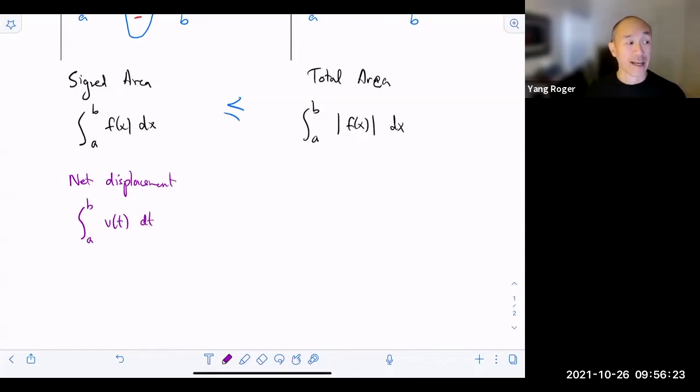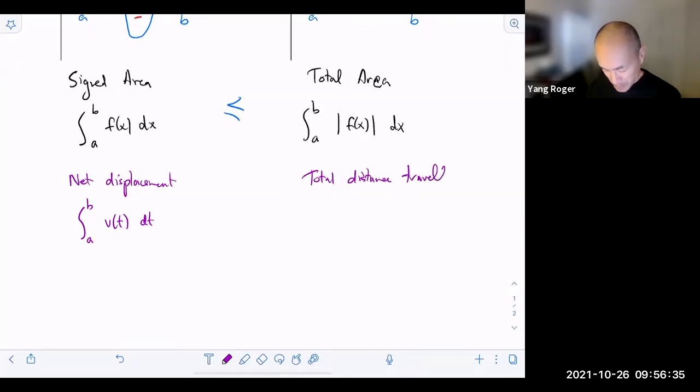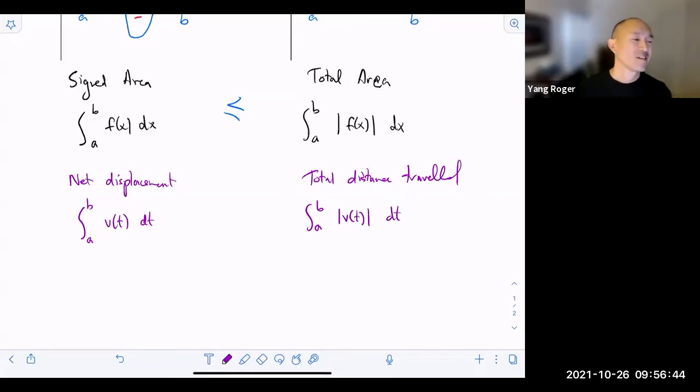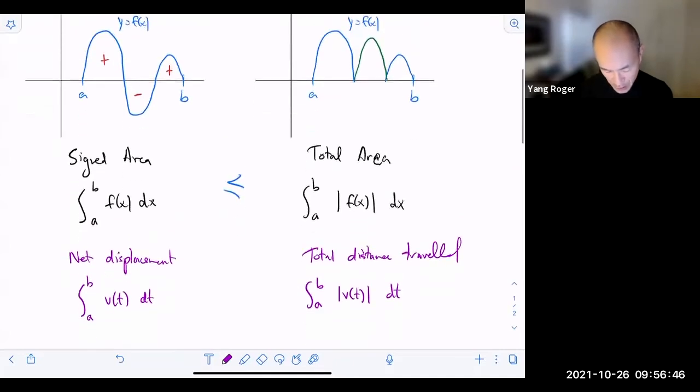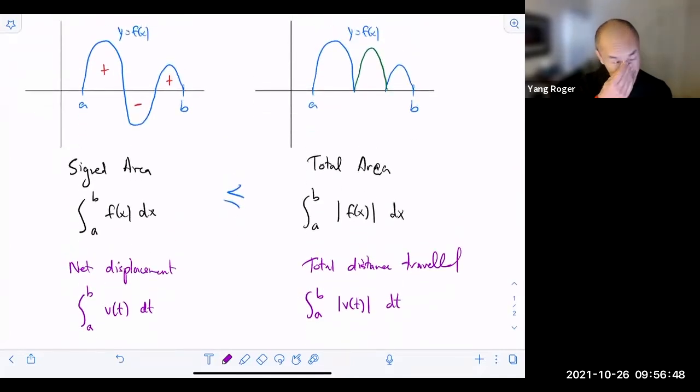So we had talked about that recently as well. And then we had talked about total distance traveled. And that was very similar. You just find the absolute value of the velocity function. You integrate with respect to time. So I'm just trying to sum up what we had talked about earlier, and this was the scenario that we had. Okay. Now, what are we talking about now?